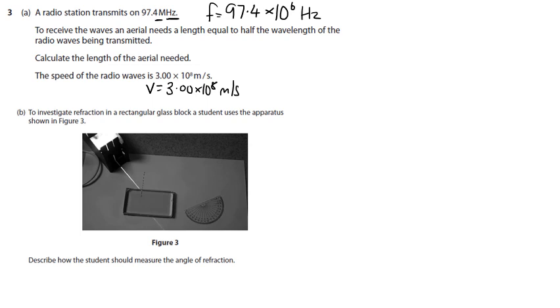And we're told that the aerial needs to be a length of half the wavelength. So first of all, let's work out the wavelength. We know that v equals f times lambda. So if we rearrange that, we get lambda equals the speed divided by f.